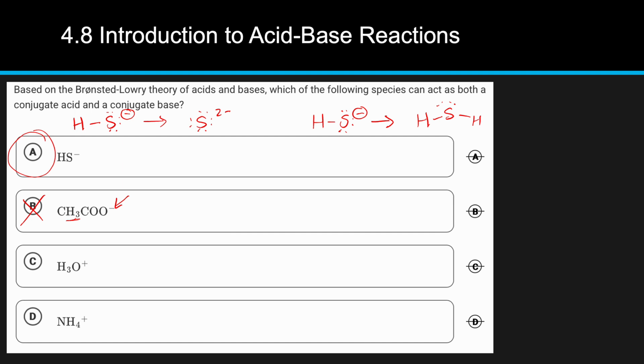Then with C, C right now is H3O plus. Now we are very well aware at this point that hydronium can lose a proton and become H2O, which is pretty stable and a nice little reaction.